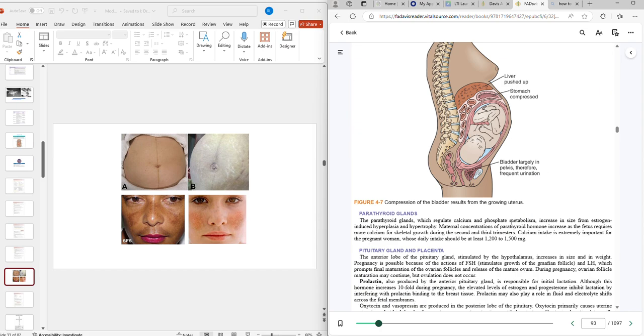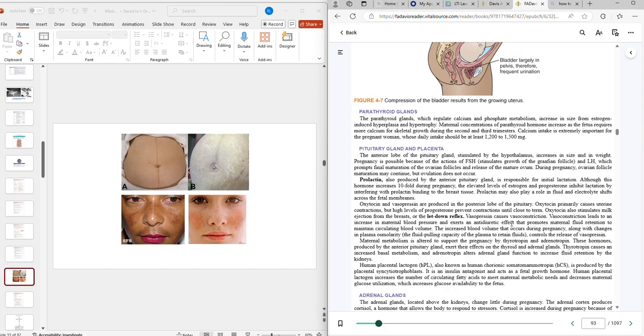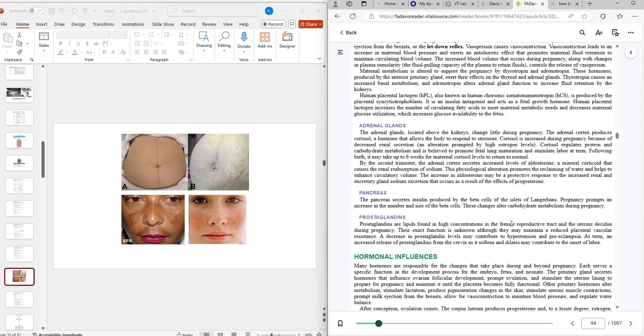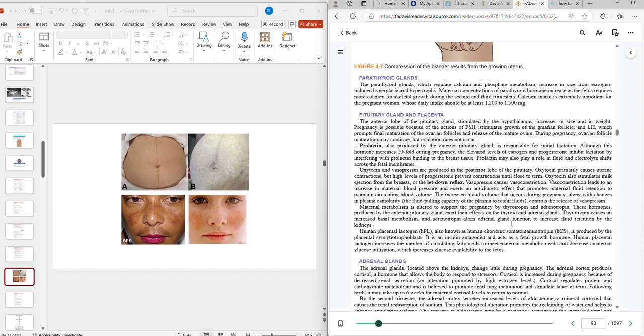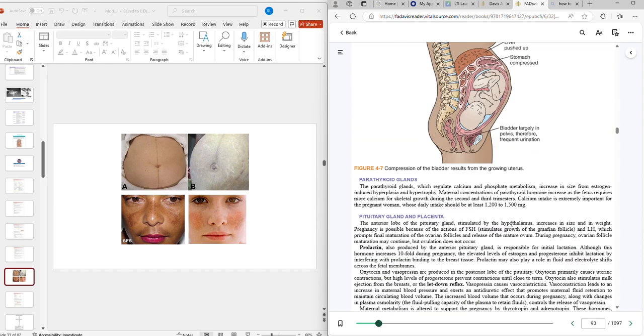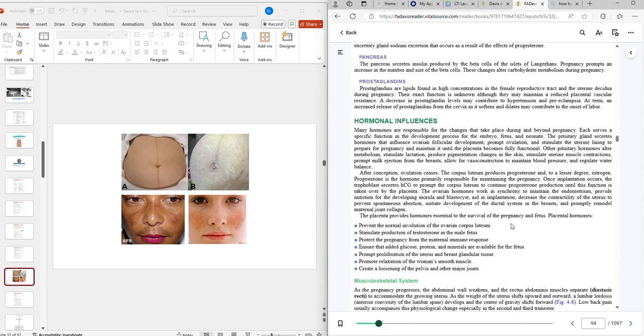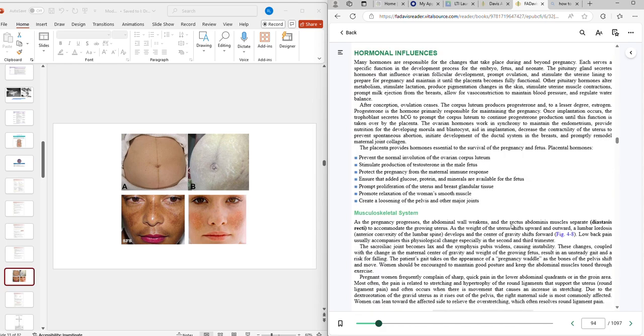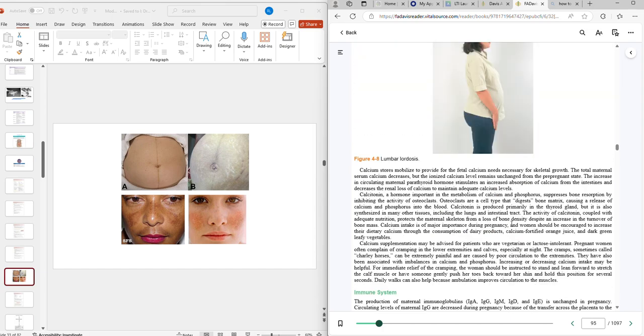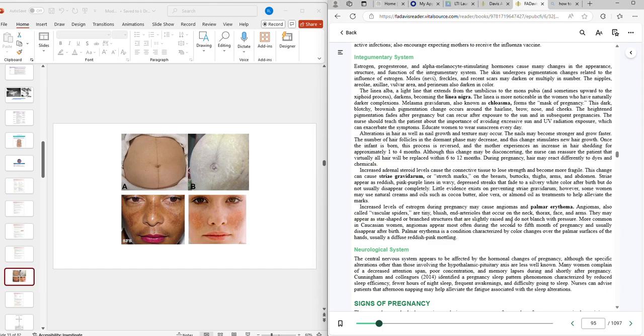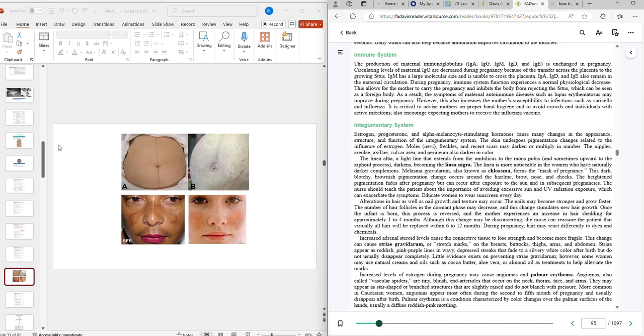Page 95. Let's talk about the integumentary system. So this is what these pictures are over here. So you have a linea nigra is what it's called. Linea nigra.